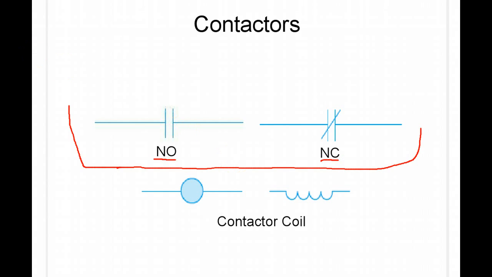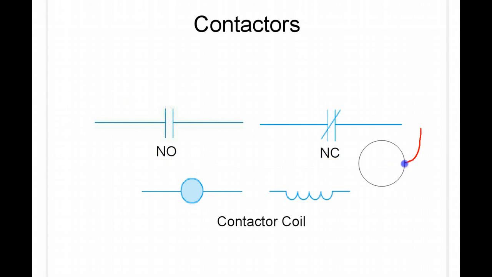So what these schematic symbols tell you is that with no power applied to the coil of the contactor or relay, the normally open contacts are open, so no voltage or current will pass through that contact. The normally closed contact is just that, it's closed. It allows current and voltage to pass through the normally closed contact.